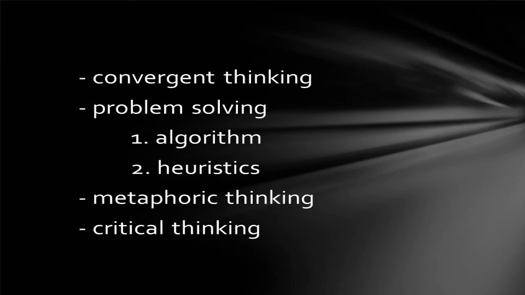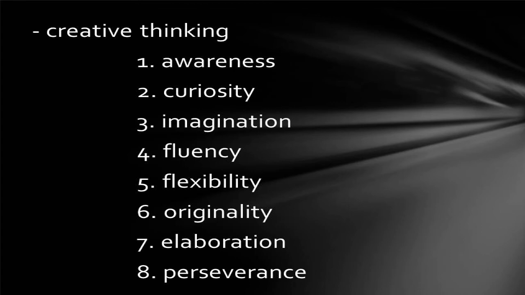Critical thinking. Okay. Now, another type of thinking is creative thinking. So this type of thinking involves producing something that is both original and worthwhile. From the word itself, creative. Okay, from the root word create. Alright.